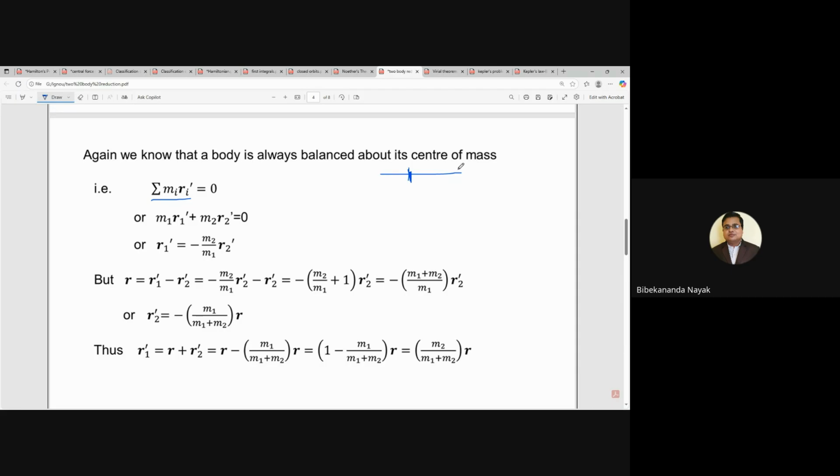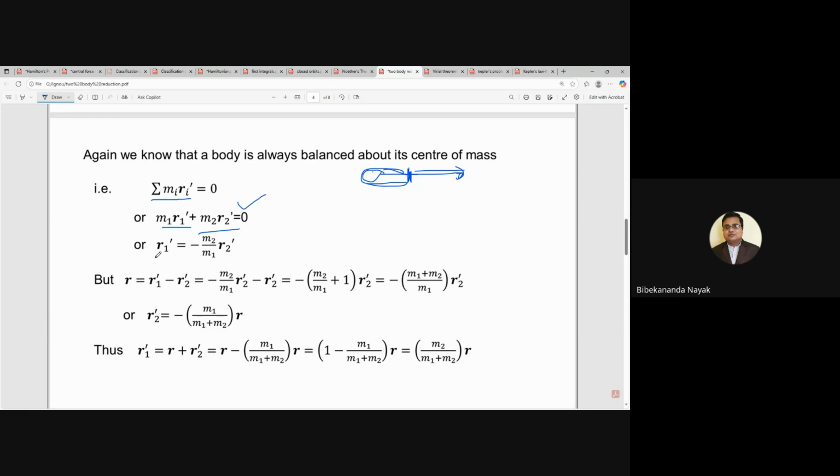If suppose here is a large mass and here is a small mass, then the center of mass is always tilted towards the large mass. Why? Because this mass into distance product will balance with this mass and this distance. So if it is a balancing point, this would be the same. So m1 r1 prime plus m2 r2 prime is equal to 0.